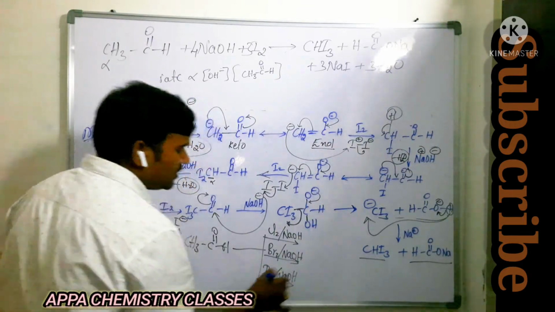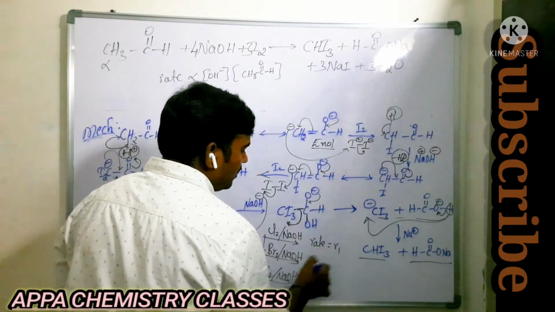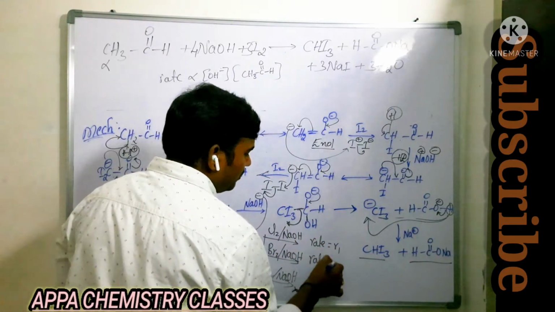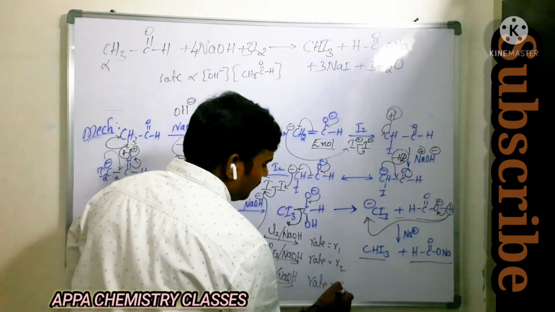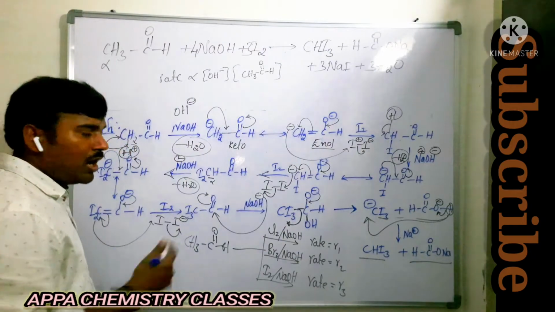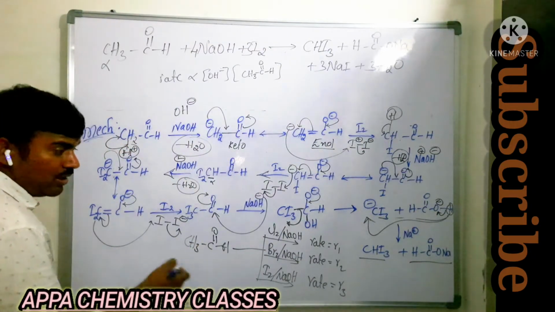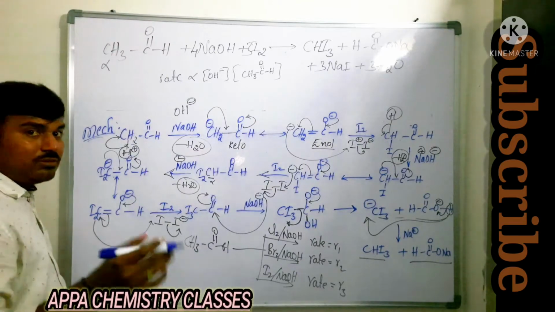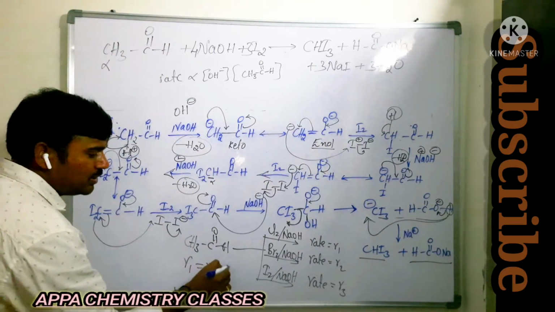The rate of reaction here will be R1, here the rate is R2, and in this case the rate is R3. Which rate is the highest? R1, R2 or R3? All the rates are equal: R1 is equal to R2 is equal to R3.